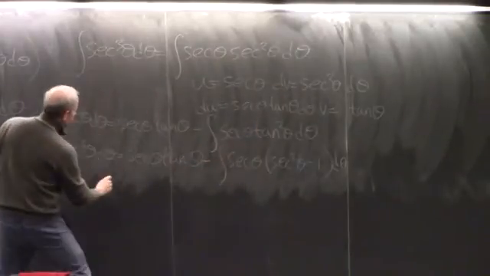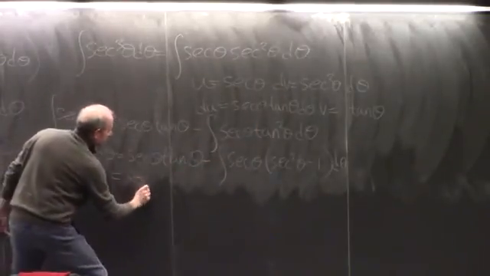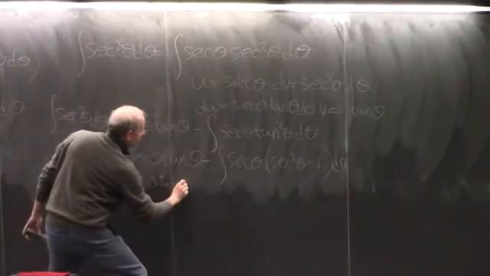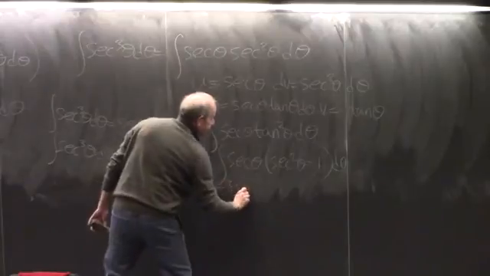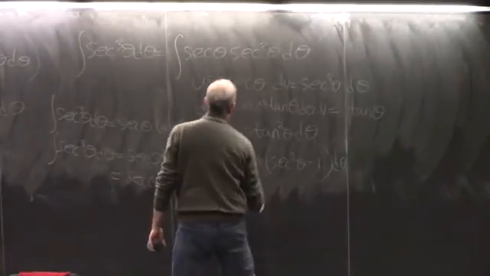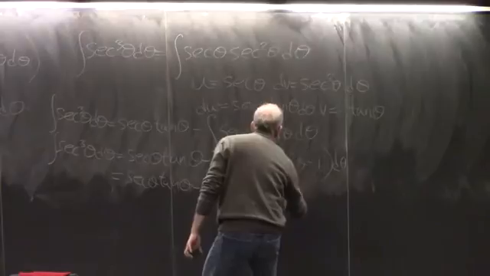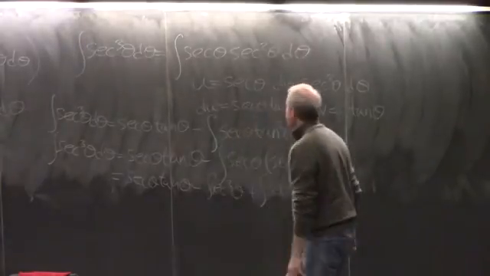Now distribute. You get secant theta tan theta minus the integral of secant cubed theta plus the integral of secant theta d theta.